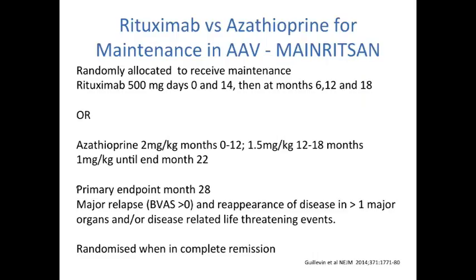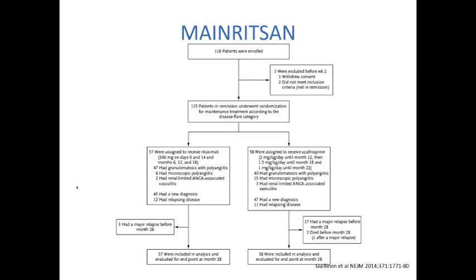Primary endpoint was at month 28, and patients were only randomized once they were in complete remission from their induction therapy. He enrolled 118 patients and was able to include 57 patients in the rituximab arm and 58 patients for analysis in the azathioprine arm.